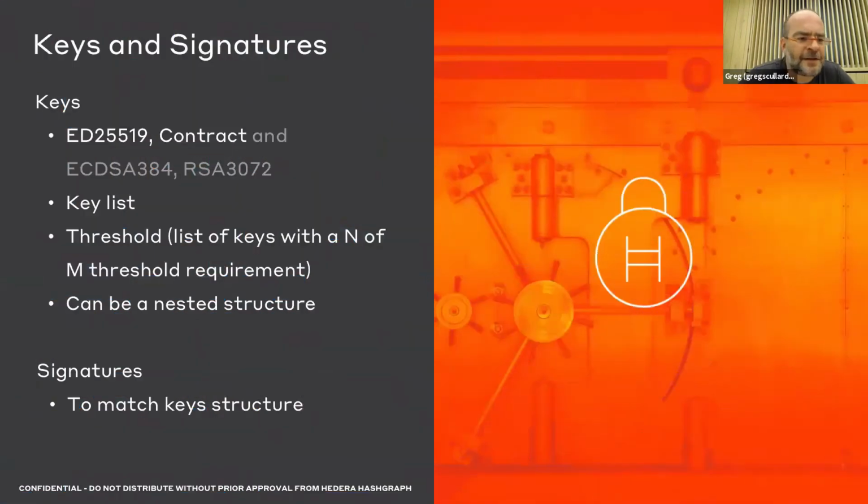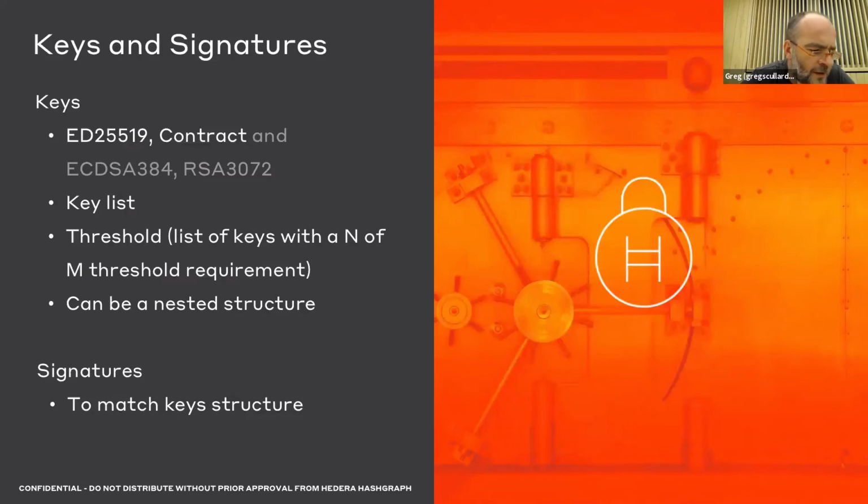Right, keys and signatures, before we get into more of the API details. The keys that Hedera supports right now are ED25519 and contract. A contract can act as a key, and essentially that means a contract can sign a transaction for something that it is responsible for. Keys can be a key list.